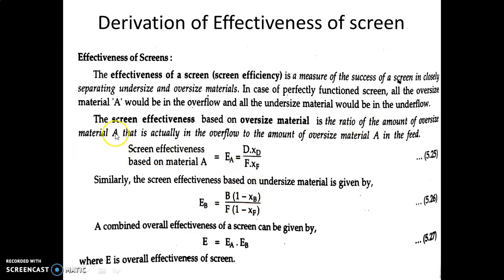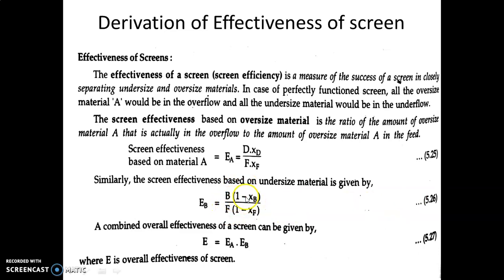Instead of A, we have to put B. So it is the amount of undersize material B that is actually in the underflow, to the amount of undersize material B in the feed. That is EB.